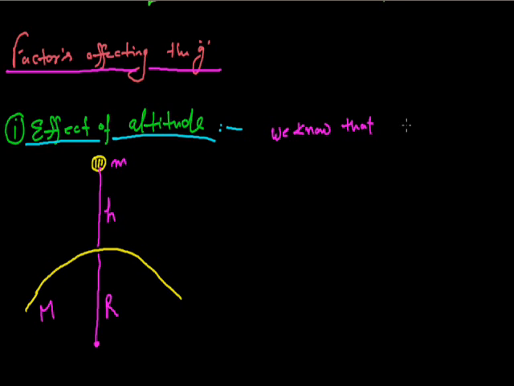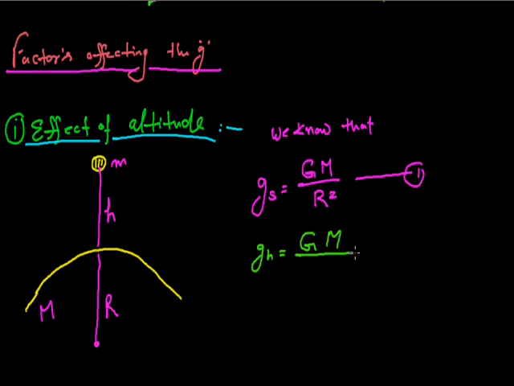We know that gravitational acceleration at earth's surface gs is equal to G M upon R square, we have discussed earlier, and gh, gravitational acceleration at height h, is given by G M upon R plus h whole square.